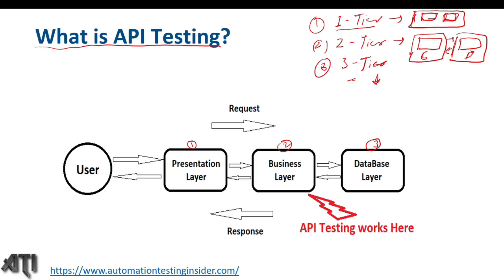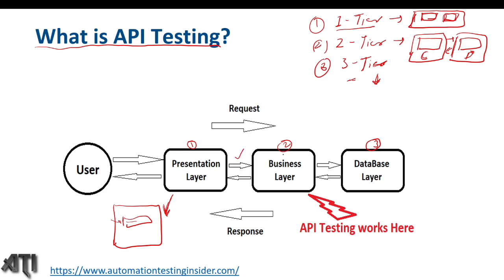So how does it work? Let's talk about it. As a user, I request something. Take the example of the Google page. I need some information from Google search, so I'll write down API testing and click on search. So we want some information, and that is nothing but the front end, the presentation layer, the UI which we can see.